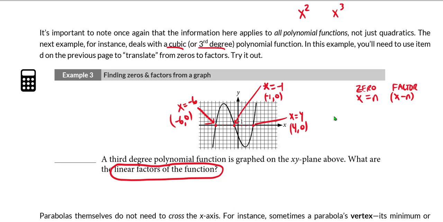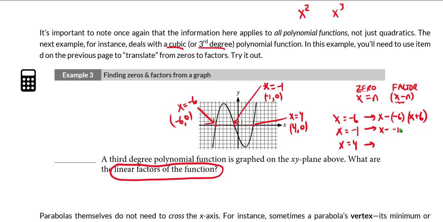So if I'm taking my zeros of x equals -6 and x equals -1 and x equals 4, and I want to convert to my factors, remember, all I really have to do is put an x minus in front of those zeros. So x minus -6, remember that just becomes x plus 6. So there's one factor.